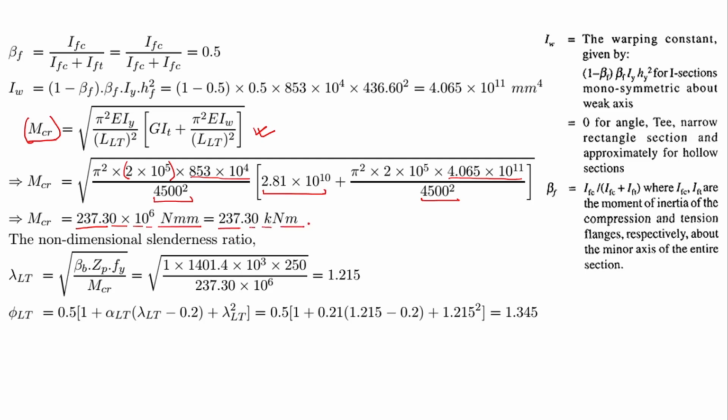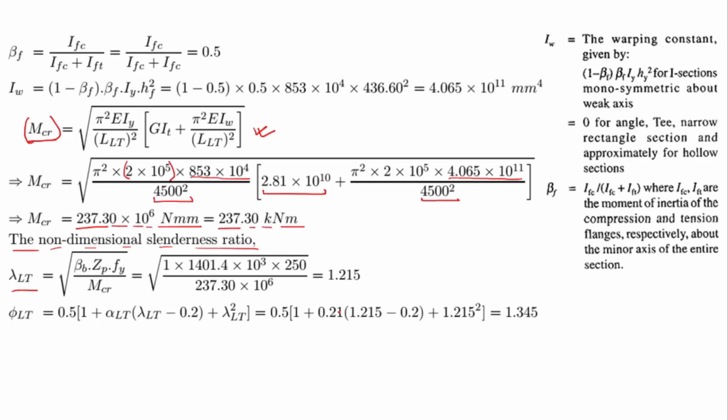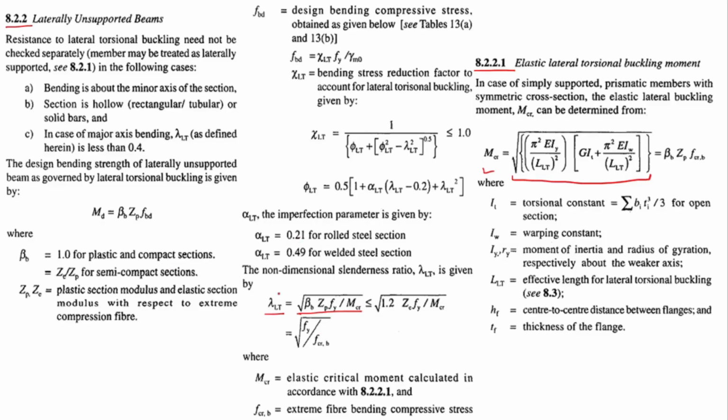kilonewton meter. Next, we have to calculate the non-dimensional slenderness ratio lambda LT. If you see the clause number 8.2.2, which has given the expression for lambda LT as root over of beta B ZP Fy by MCR. So if you use that expression for lambda LT and put the values here, beta B is equal to 1.